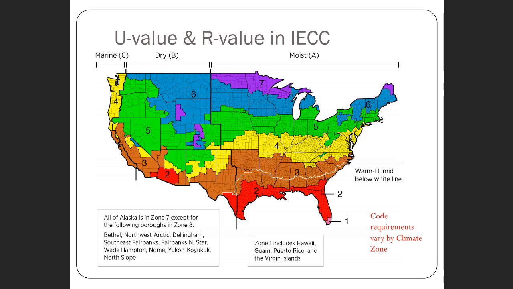That makes sense. The things that we do in hot and humid Miami Beach are going to be different than what we do in Duluth, Minnesota, right? Those are two entirely different climates. So the code recognizes that and points us in different directions in terms of how much insulation is required.